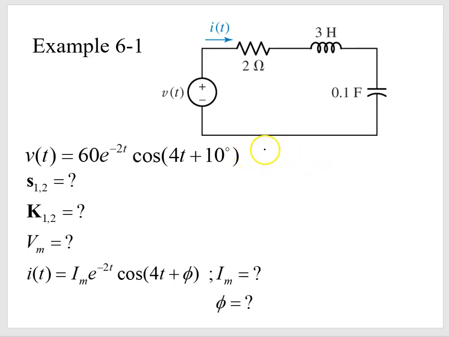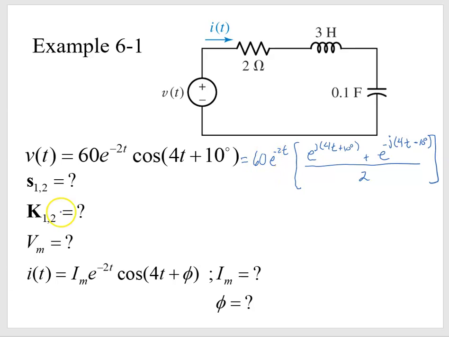So just to give myself a little bit more space, I will erase our unit, and here, so we're going to end up with 60 e to the -2t, and we'll take that cosine function and represent that as e to the j 4t plus 10 degrees plus e to the -j 4t minus 10 degrees, and that all goes over 2, right?